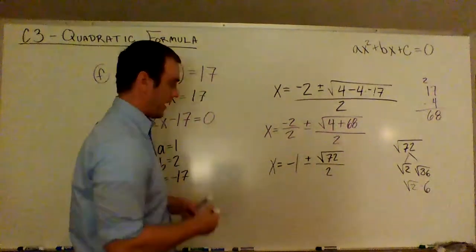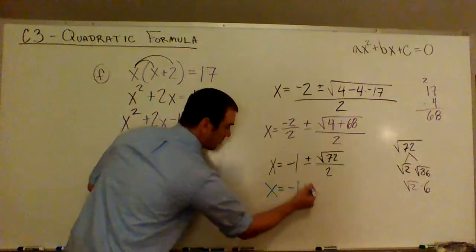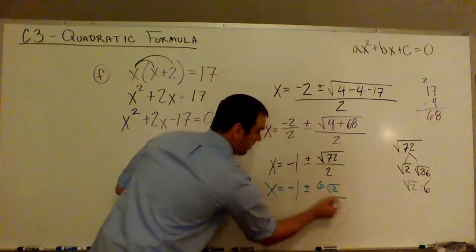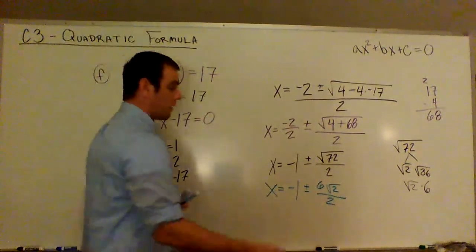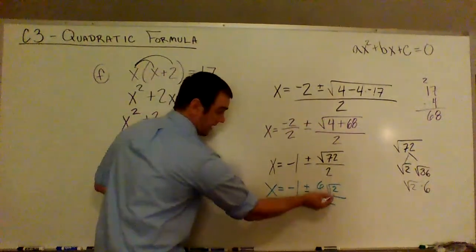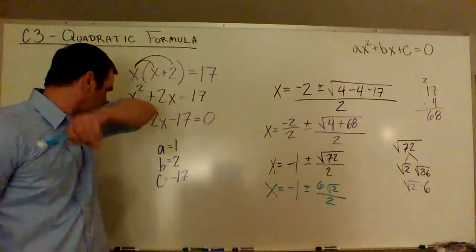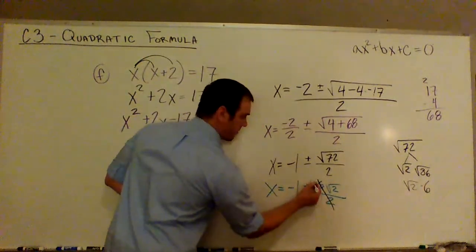So let's go back here and rewrite this. We get x equals negative 1 plus or minus 6 square roots of 2 divided by 2. Now we can reduce that. 6 divided by 2 is going to make 3.